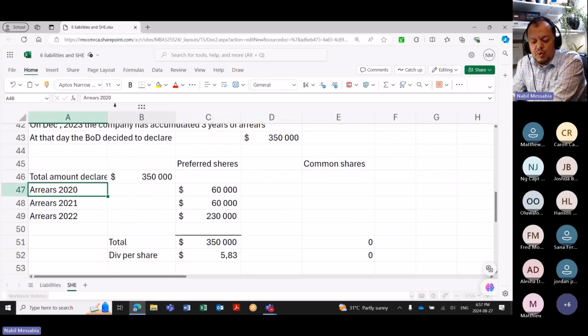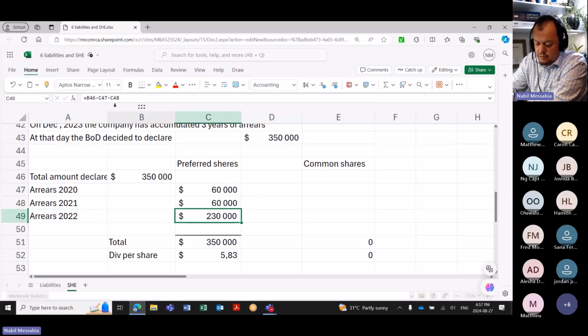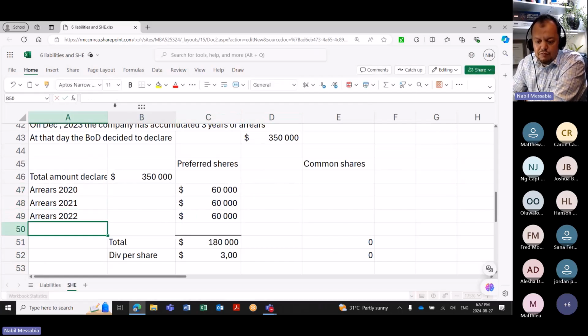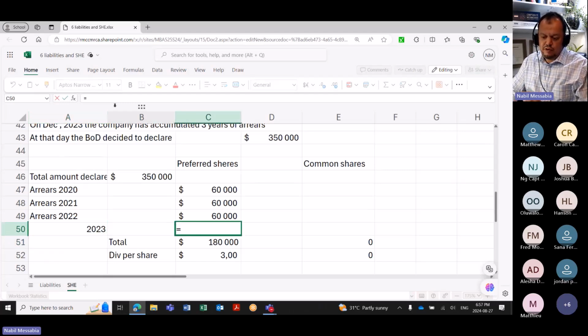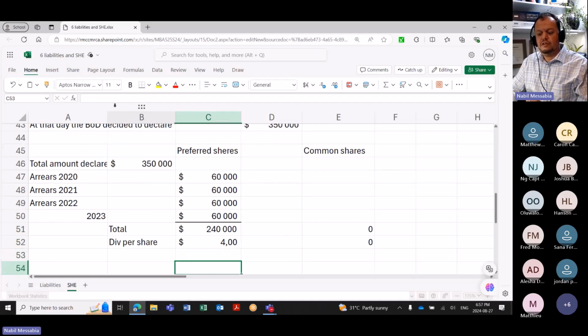We have enough to pay arrears for 2020, 2021, 2022, and also the claim for 2023 this year, so we have enough to pay the full amount, $240,000.